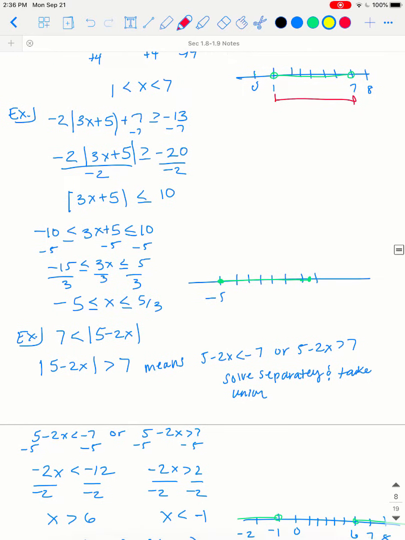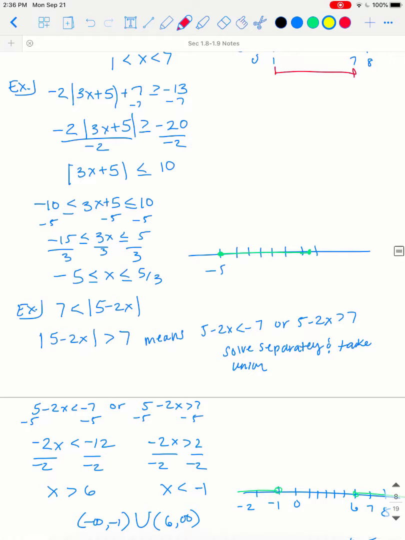So here's another example. I have negative 2 times the absolute value of 3x plus 5, plus 7, is greater than or equal to negative 13. Something different about this one is that we need to isolate that whole absolute value before we start applying our rules to break up our inequality.